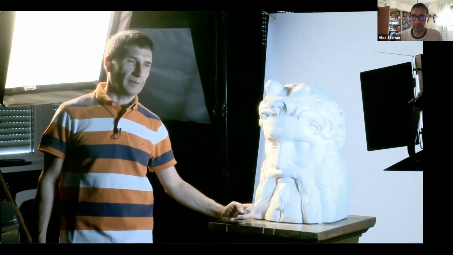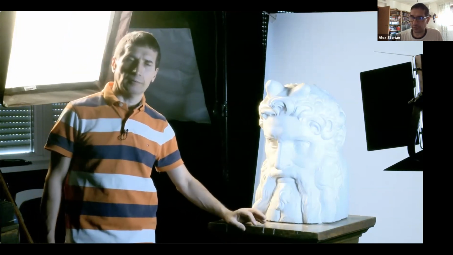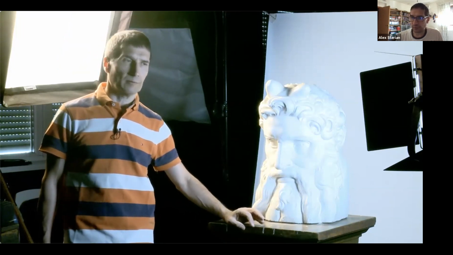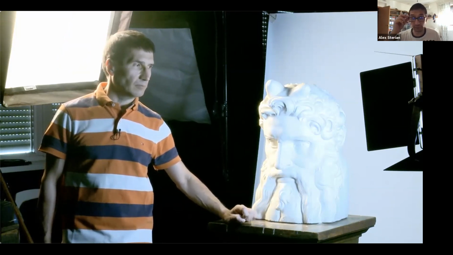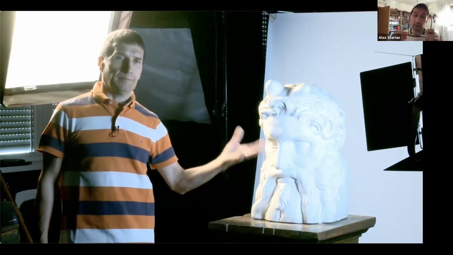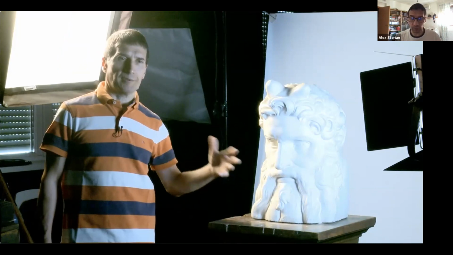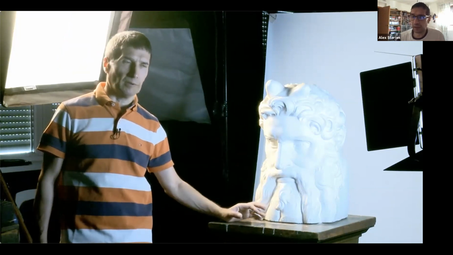So the intensity of the lights is not such an important matter here. It's just the balance between those two values, which sit at opposite positions in light source white balance, 3200 and 5600.